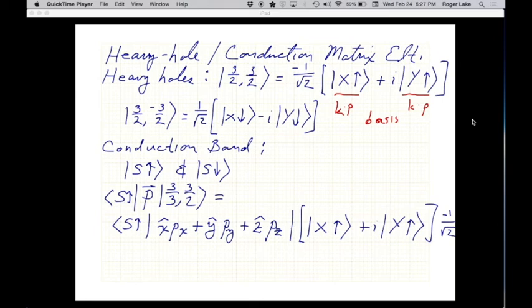And so now we just evaluate the non-zero matrix element. So that's equal to negative P0 over √2.